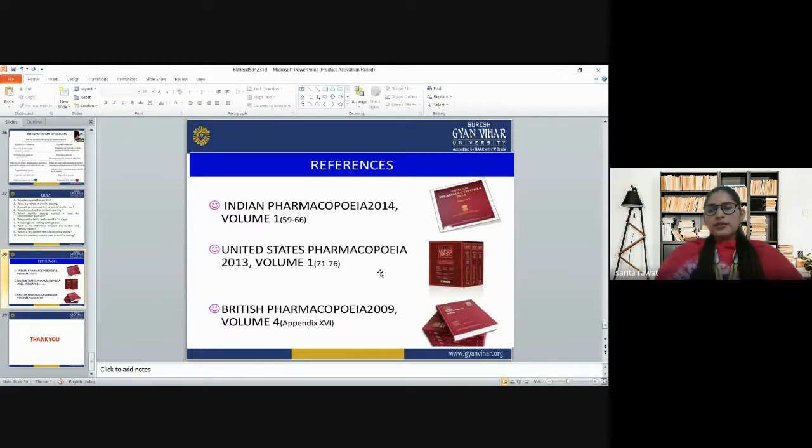The third reference is from British Pharmacopoeia 2009 volume 4 appendix X. You can check out these pharmacopoeias for more knowledge about pharmaceutical products, preparation, and sterility testing. All the things, the procedure, are clearly mentioned in the pharmacopoeias, and you should definitely check them out for your further knowledge.